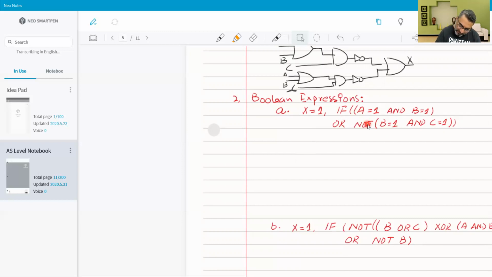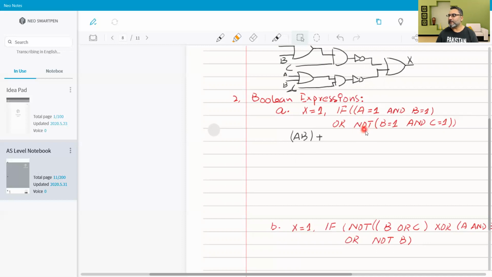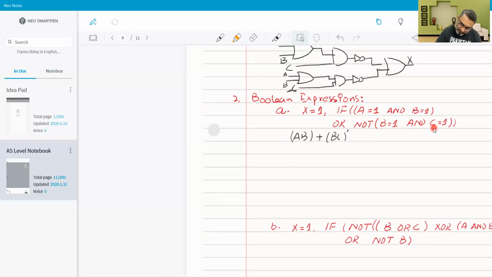If A is equal to 1 and B is equal to 1, this is simple AB, OR NOT. This NOT is over the whole bracket. So B and C whole NOT, and the whole thing is being assigned to X.